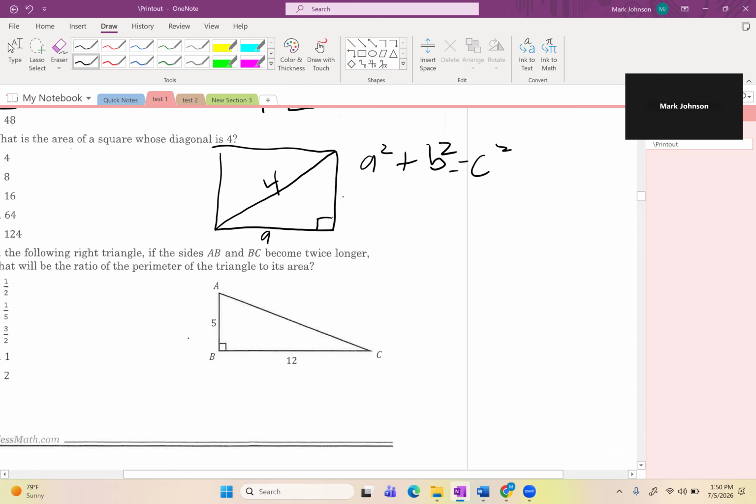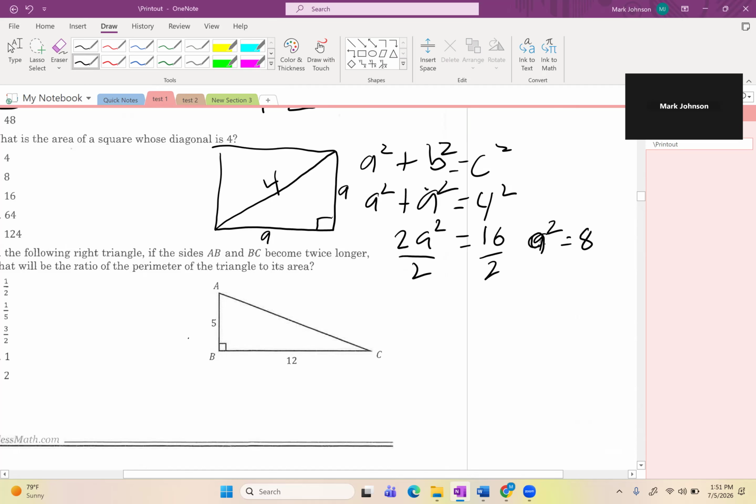So a squared plus a squared equals 4 squared. So we got 2a squared equals 16. Dividimos por 2, divide by 2, and a squared equals 8.